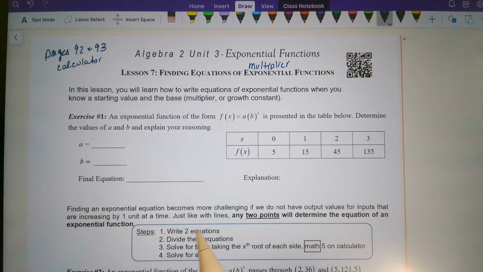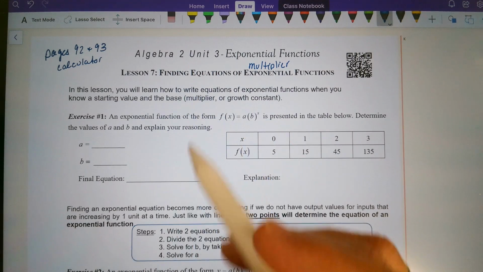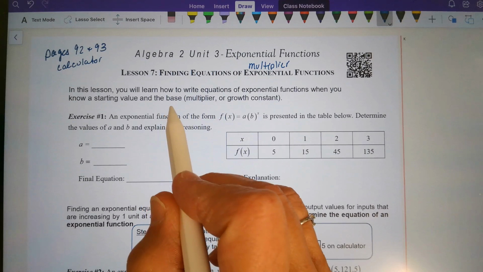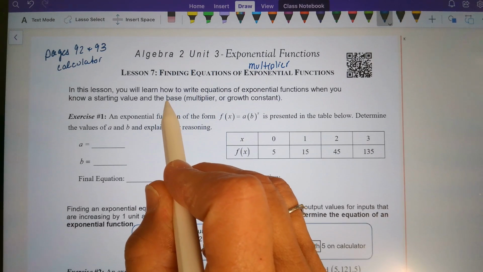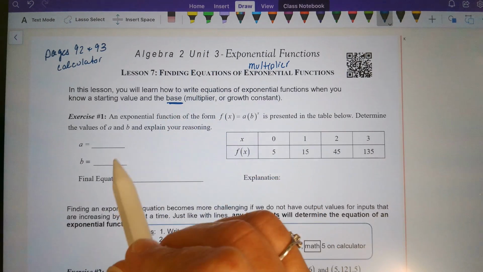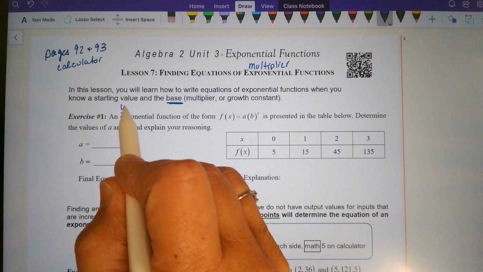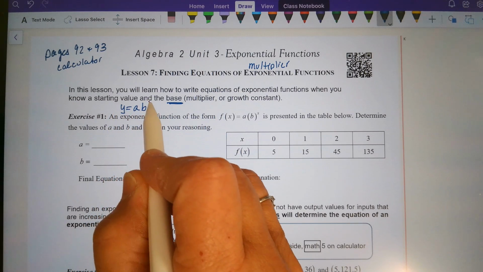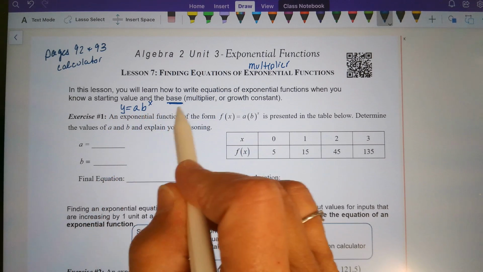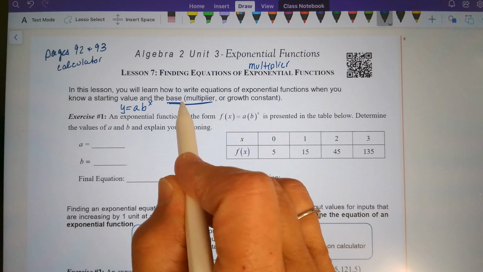We'll learn how to write exponential functions. That constant multiplier is known as the base. The base of your exponential function, y equals ab to the x, is the constant multiplier.